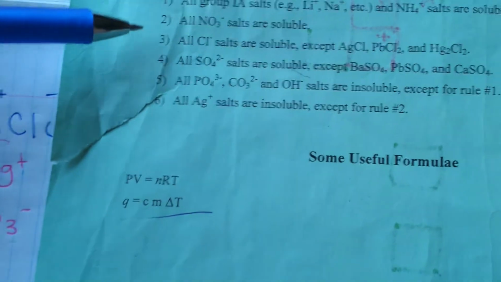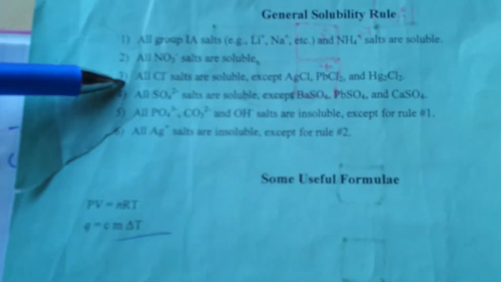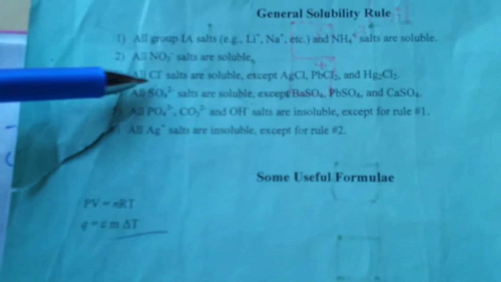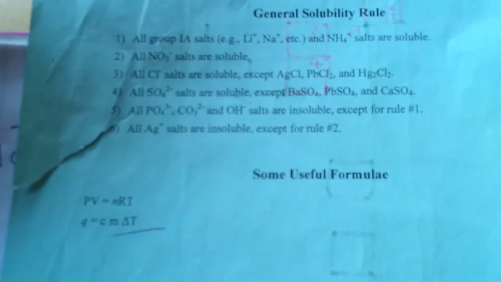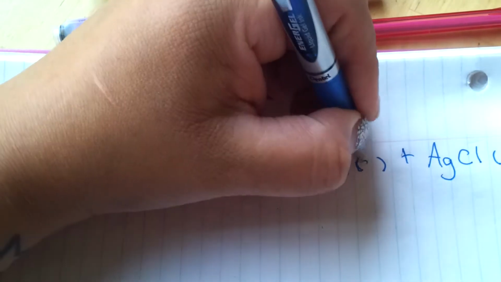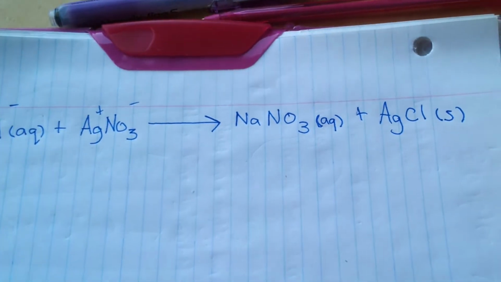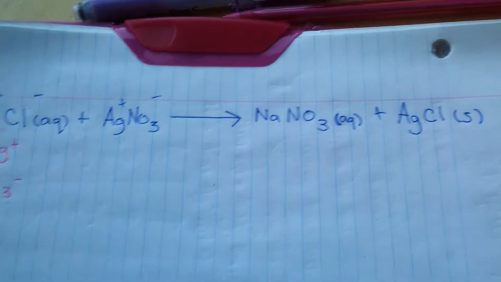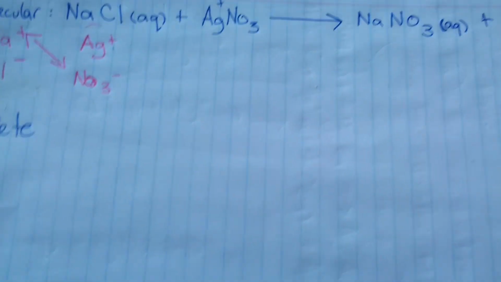So we have our general solubility rules, and I'm going to look at number 3 because I know which one this is already. All chloride salts are soluble except for silver chloride. So we know that's got to be a solid. So this is aqueous, and this is solid.